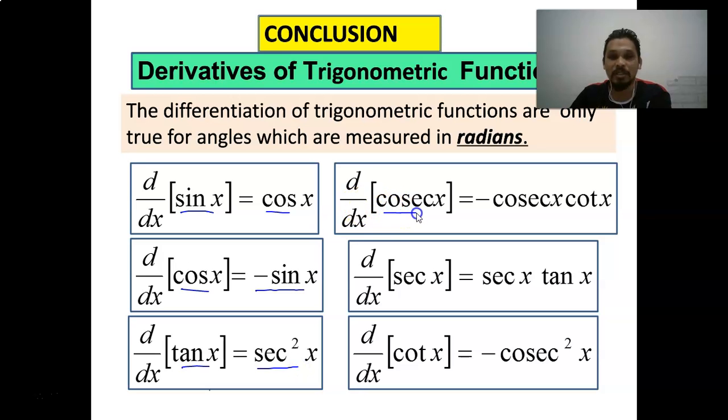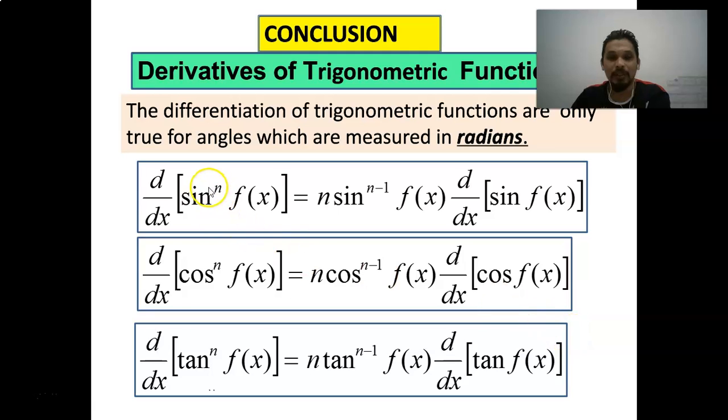Differentiate cosecant x equals negative cosecant x cotangent x, don't forget we got negative here. Differentiate secant equals secant x tangent x, and differentiate cotangent equals negative cosecant squared. Okay, so cosecant is 1 over sine x, secant is 1 over cos x, and cotangent is 1 over tangent x, or equal to cos x divided by sine x.